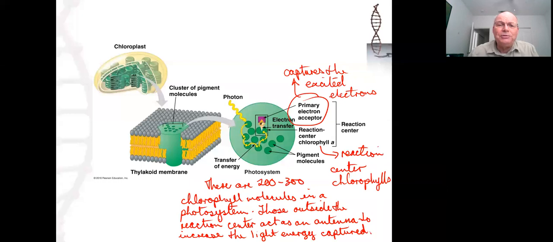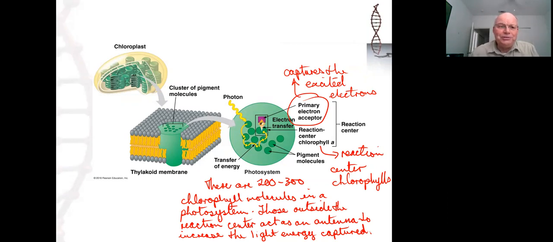And this is some of the most efficient energy transfer that we know of. It's about 90% efficient in terms of the amount of captured light energy that eventually winds up in the reaction center. So it's incredibly efficient in terms of capturing light energy.